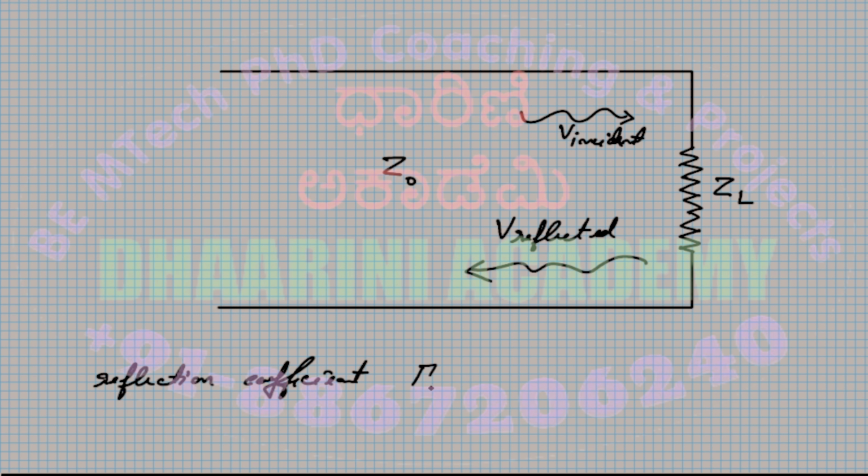Let's call that gamma of the load. For every load value, you have a reflection value. So that is V reflected divided by V incident. You can even measure the gamma value using the Smith chart.